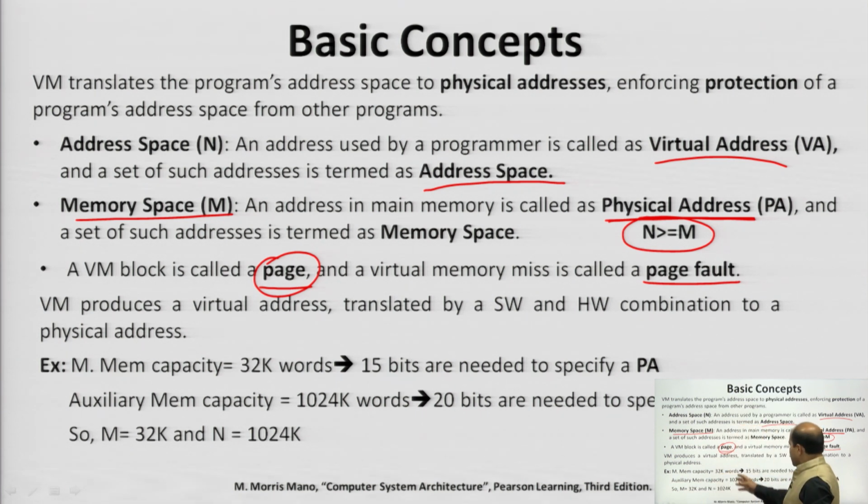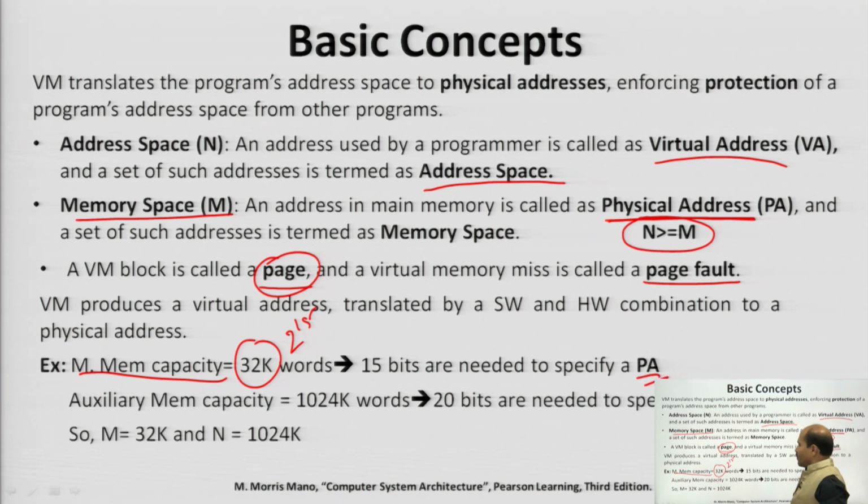So, let us take one simple example. The main memory capacity is 32K words. That means 32K words can be stored in main memory. So, obviously, this will come as 2 to the power 15. So, 15-bit addresses are needed to specify the physical address.